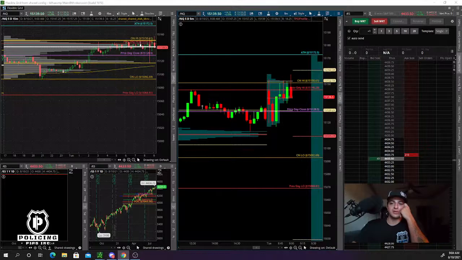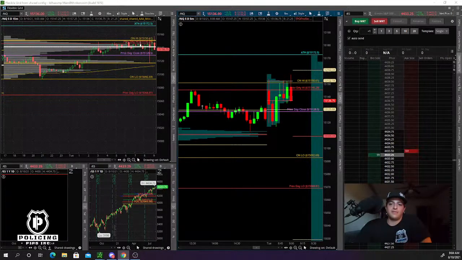Maybe I'll take an entry here. Second contract, average down a bit, but not really looking to do that. If I'm going to take a loss, I'm going to take a loss. I'm not really worried about it. I want that there. The VWAP, there it goes, pushing down. It's going to stop me out probably.